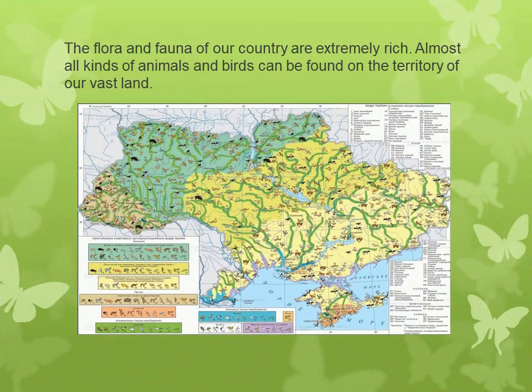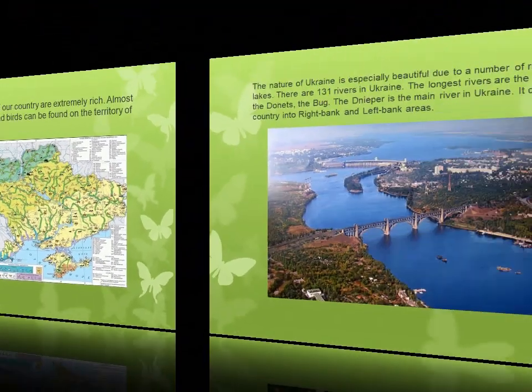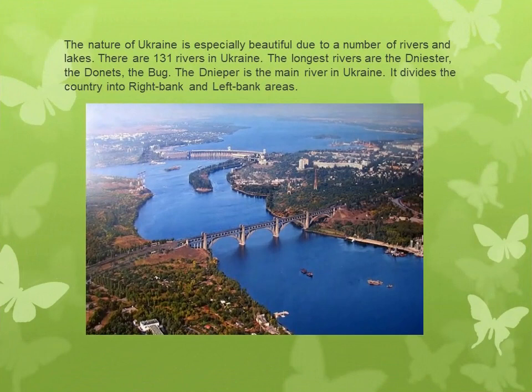The flora and fauna of our country are extremely rich. Almost all kinds of animals and birds can be found on the territory of our vast land. The nature of Ukraine is especially beautiful due to a number of rivers and lakes.